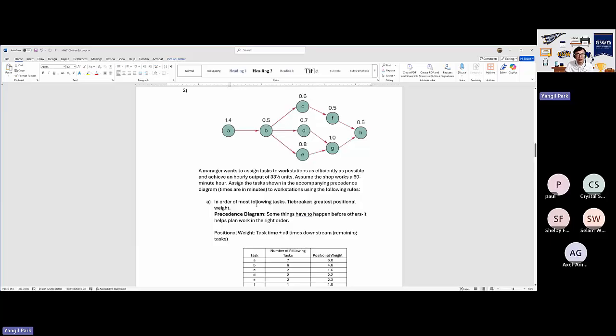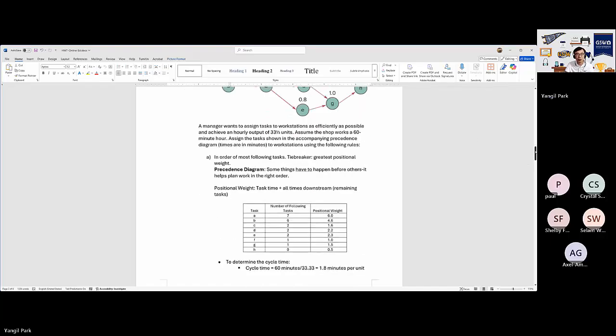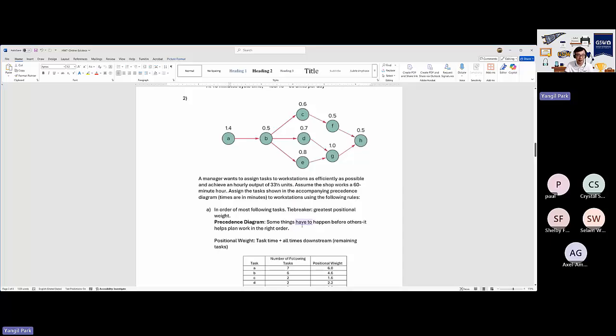The question is, we're going to find out for each station which tasks will belong. So we'll do it for most following tasks, meaning that whichever task has the highest number of following tasks will go through there.